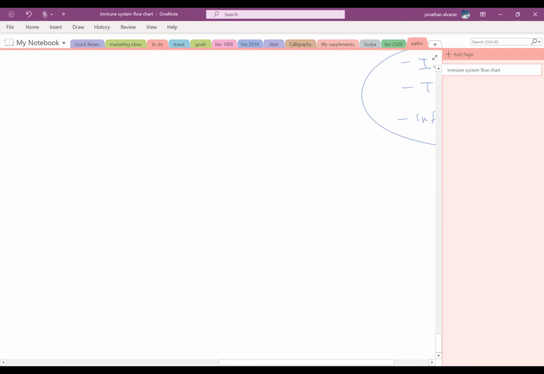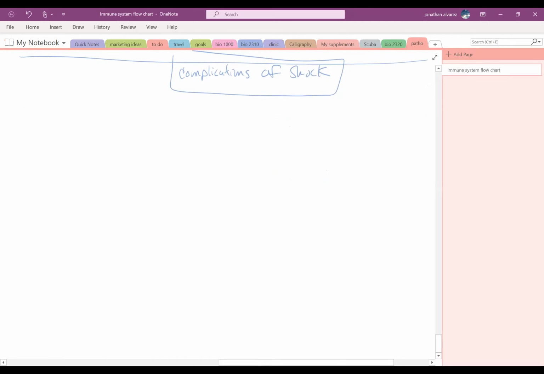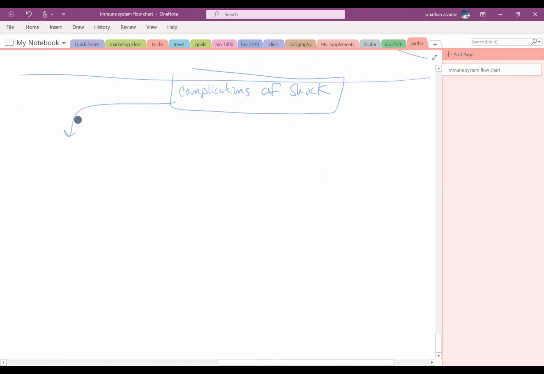And that would be complications of shock. Some complications would be acute respiratory distress syndrome. Acute respiratory distress syndrome.